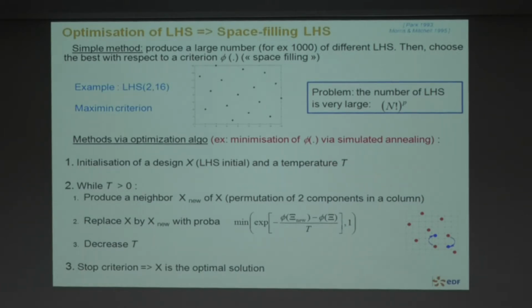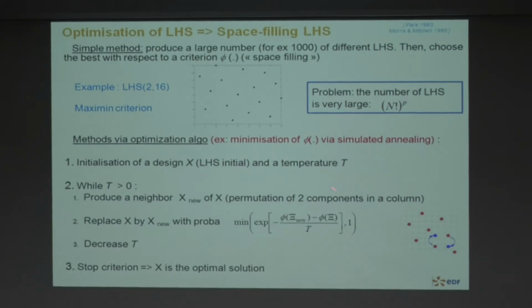and a temperature. Yesterday, Professor Chaudhuri didn't talk about the temperature, but this is the same. I don't remember the coefficients that he used. But here the temperature is in the denominator of my Gibbs distribution.